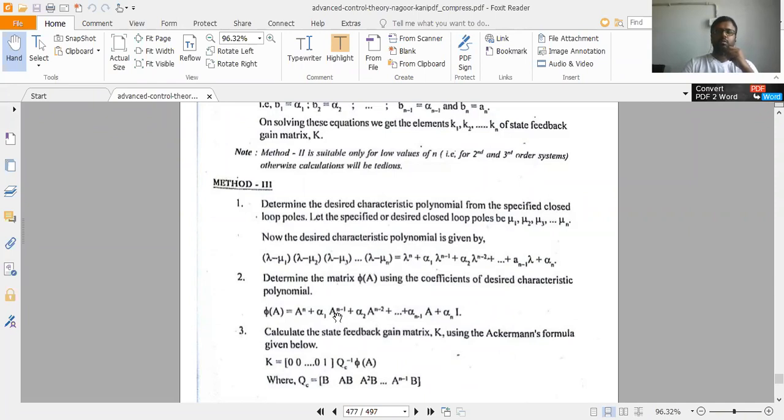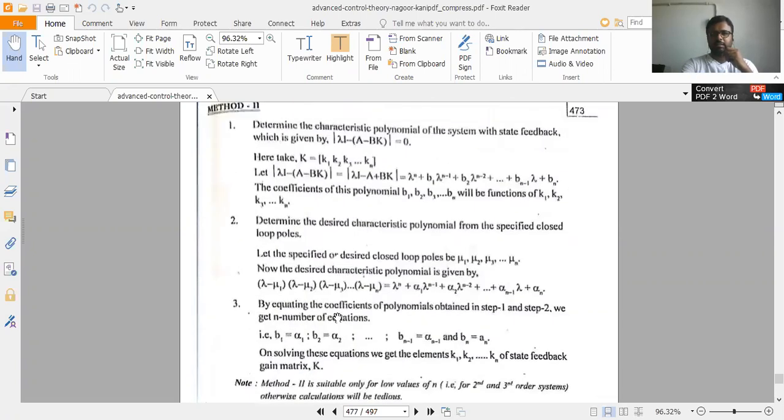So we have to determine phi of A, the second point, and we need to determine the state feedback gain matrix capital K using Ackermann's formula, which is given as K is equal to 0, 0, 0, and so on up to the order of the equation, but the last element should be 1.